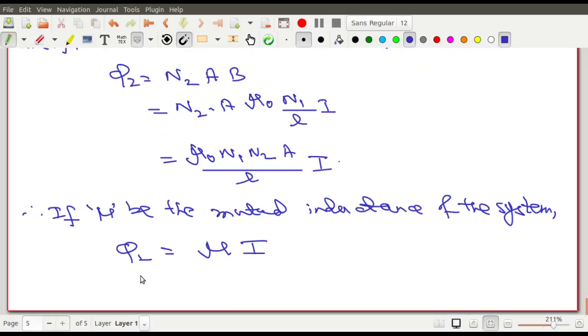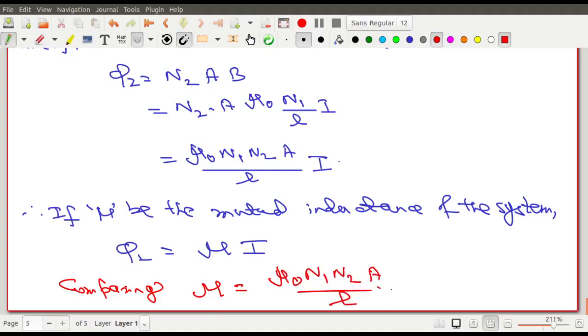Comparing, you may safely say that capital M is equal to, if you just compare, mu 0 N1 into capital A divided by L.